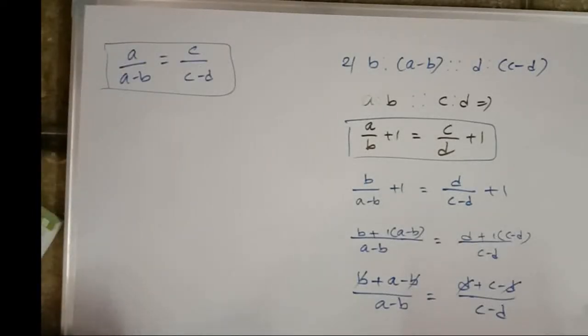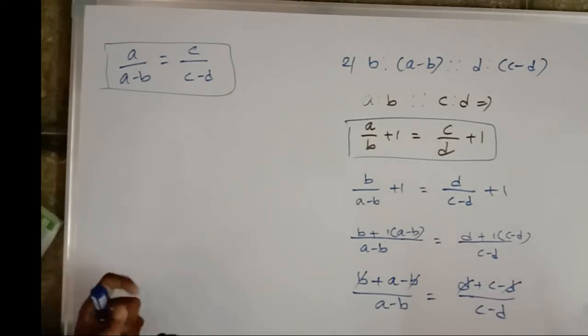So when we are applying the componendo formula to B is to A minus B proportionate to D is to C minus D, the answer will be A by A minus B equal to C by C minus D. The next third one is the homework, that is the simplest form of 57 is to 72, so simply divide it, you are going to get the answer.